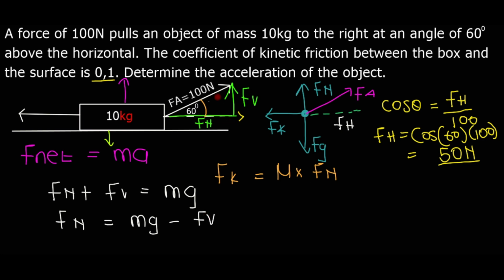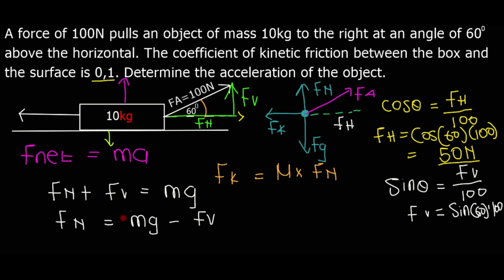Fv we find by using the trig ratio. Sin theta equals opposite, which is Fv, divided by hypotenuse, which is 100. So Fv equals sin 60 times 100.